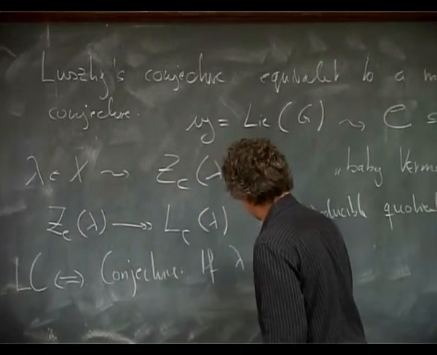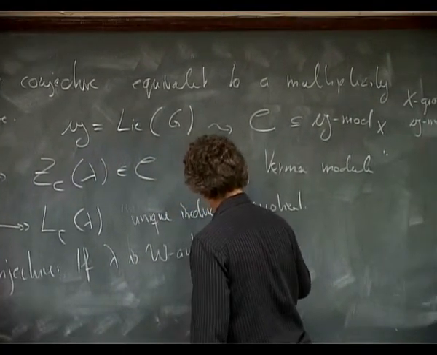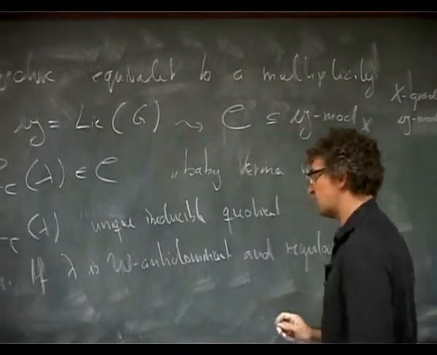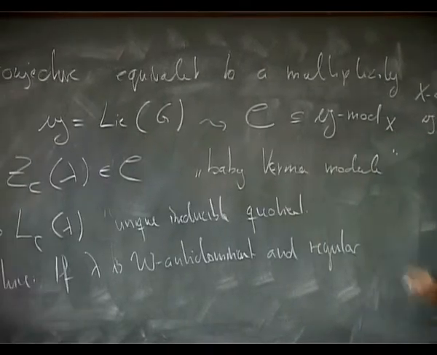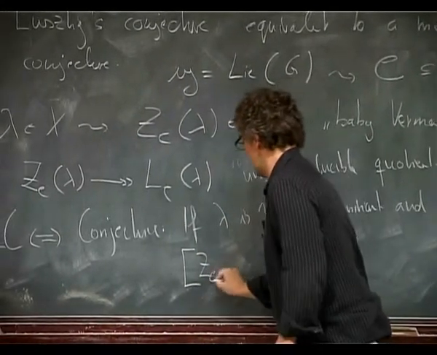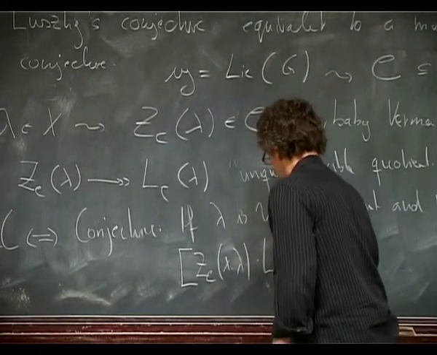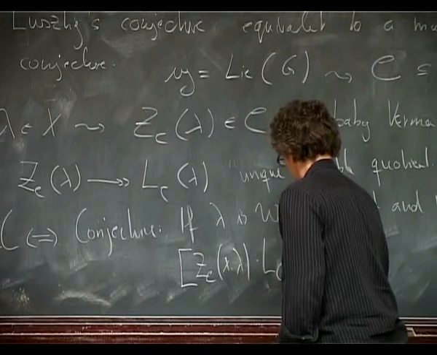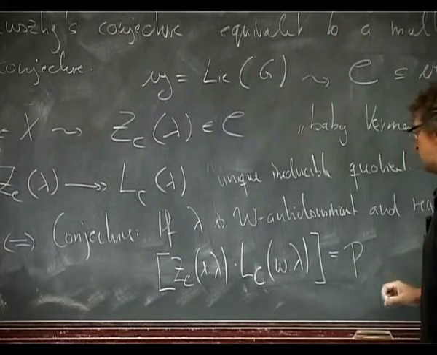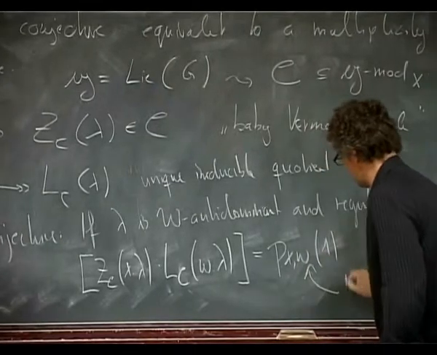If lambda is antidominant for the finite Weyl group and regular, then the Jordan-Hölder multiplicity of this baby Verma module should be given by another polynomial evaluated at 1, and this is the so-called periodic Lusztig polynomial.